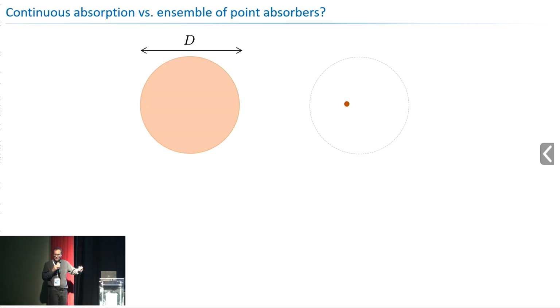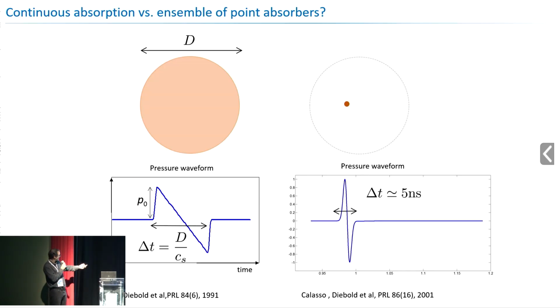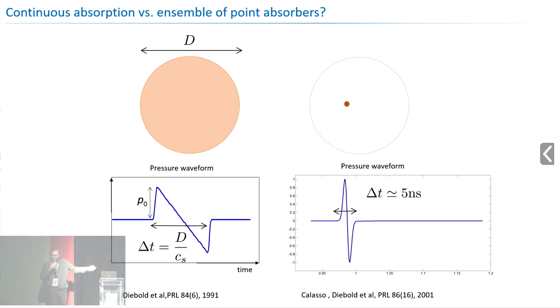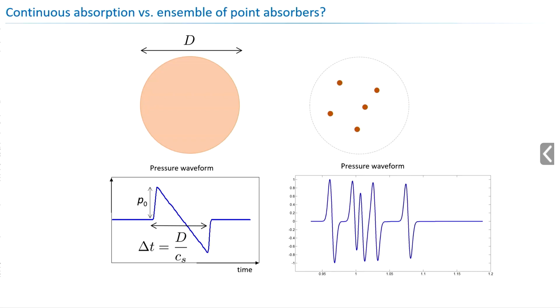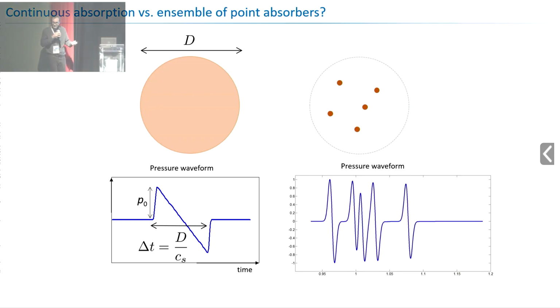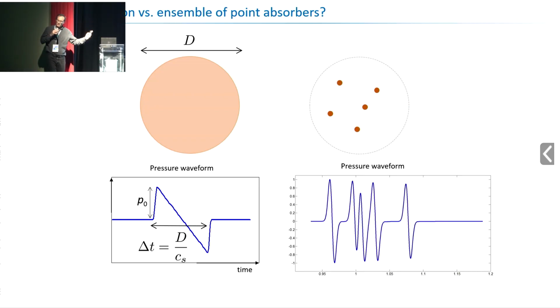You take a droplet of homogeneously absorbing dyes. This is the left model. And now I'm going to make that droplet by adding dyes one molecule at a time. This is what you get. So this is the N that I talked to you about on the left, and this is the time derivative of the Gaussian pulse that you obtain when you have only one. What's interesting is that if you take 2 or 5, then you add them up coherently.